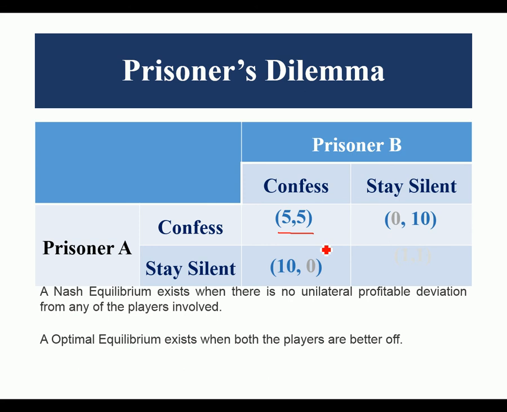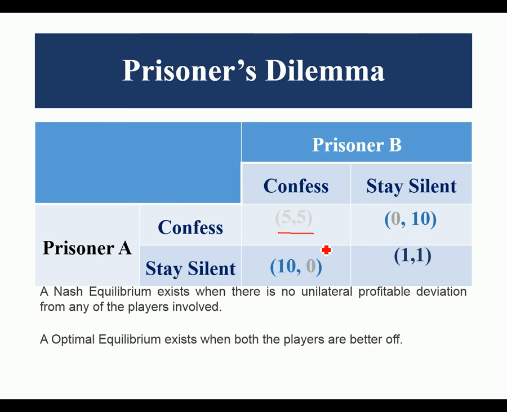Optimal equilibrium exists when both players are better off. Both players are better off when they remain silent, but they will not remain silent because they lack trust between them. From the point of view of a third person, it is far better to stay silent than to confess. So the Nash equilibrium is not a Pareto or optimal equilibrium from the point of view of the third person.